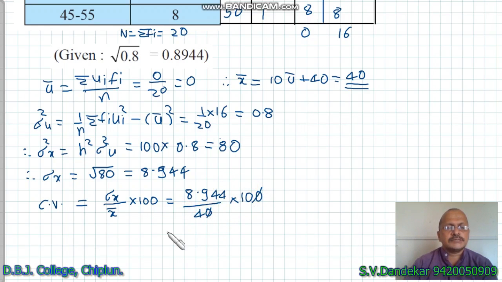The 0 cancels out, and dividing out the rest, the CV, coefficient of variation, is 22.38%.